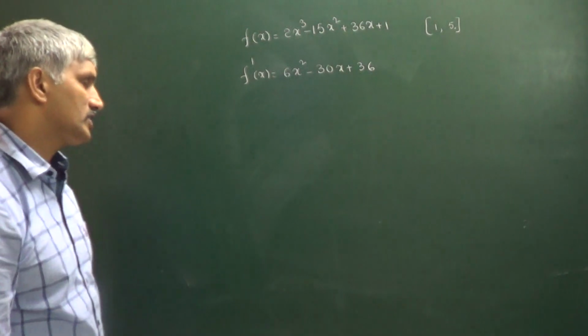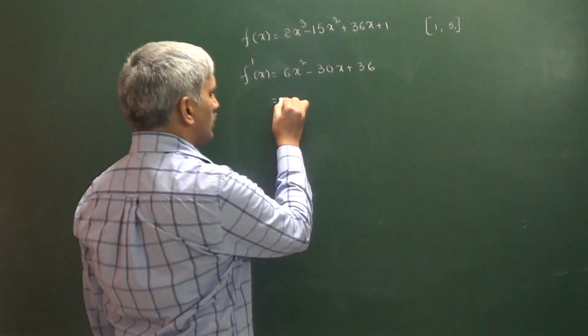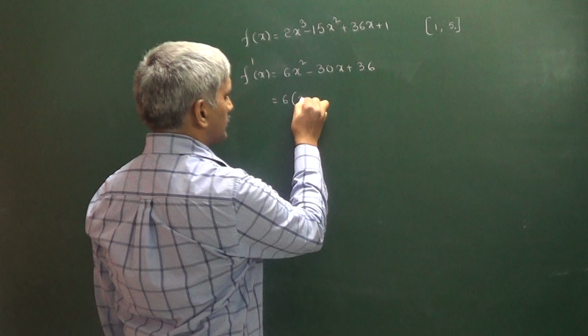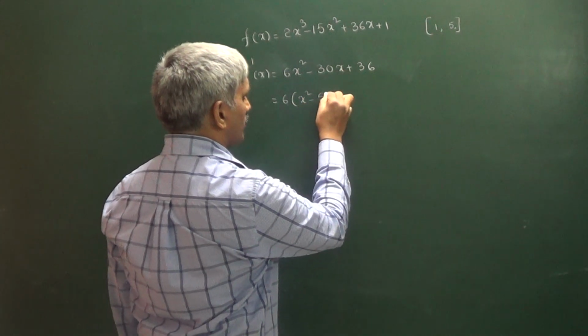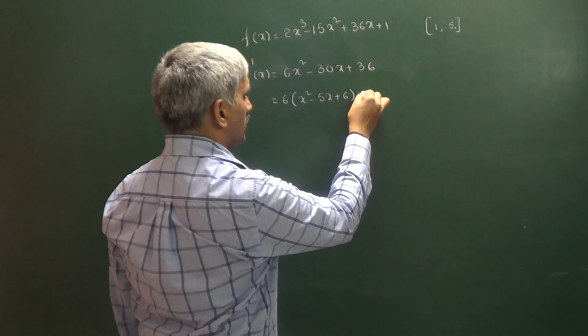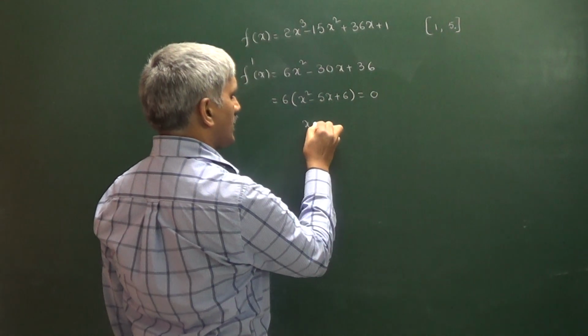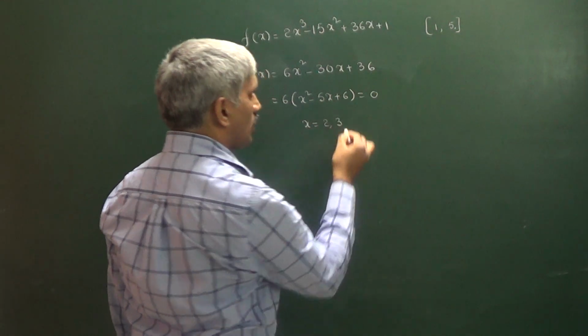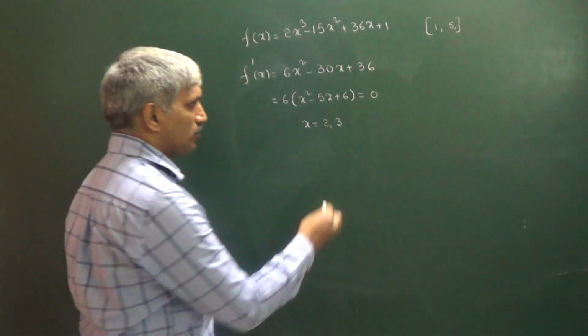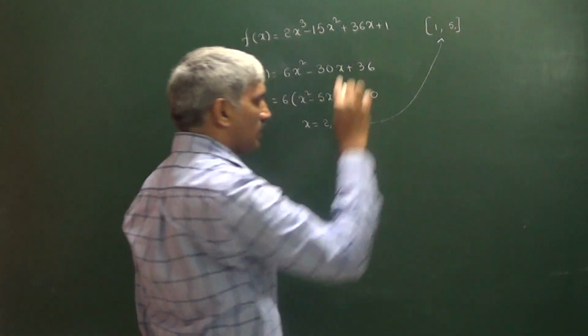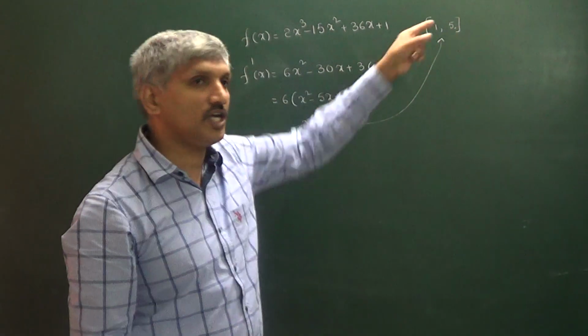That is the differentiation. Now this differentiation equated to 0, what will we get? x square minus 5x plus 6, you will get. So that is equated to 0. We are getting x value is equal to 2 comma 3. Now check, are these two values present in this interval or not? Yes, both the values are there in that interval.